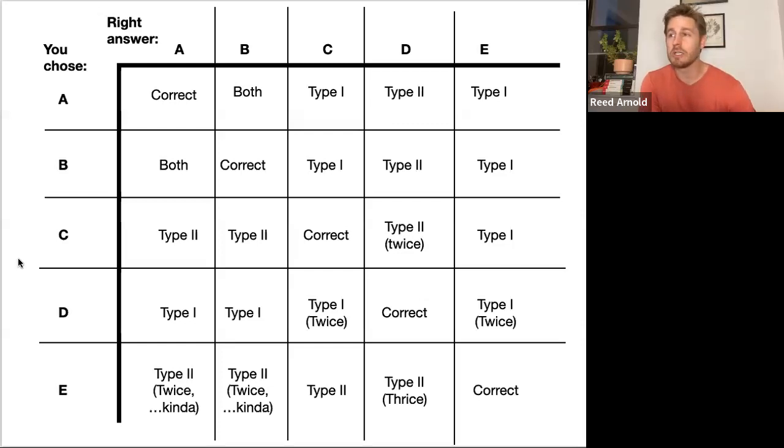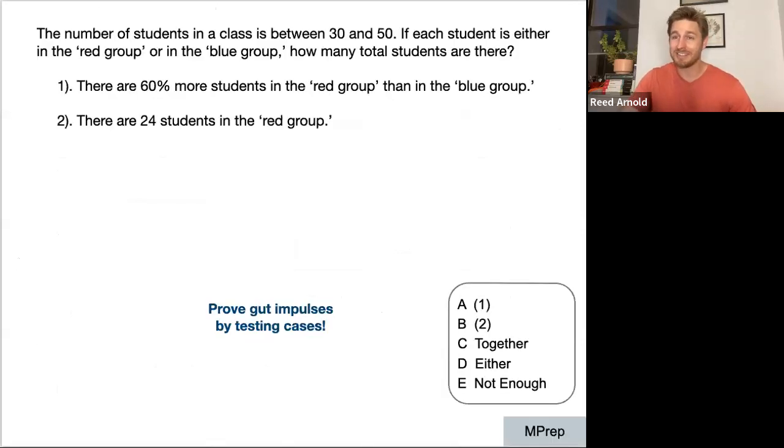Partially that's because people don't test cases. That's really the big reason why type 2 errors are more prevalent: people just don't prove their instincts right, and their instincts are wrong. If they tested cases, they would realize their instincts are wrong.